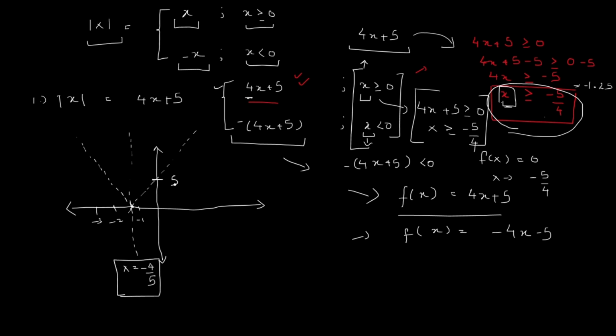The intercept is 5 here. So this is an easy to mid-level example for absolute value functions. Now let's see another example. This one is more complex than this one.